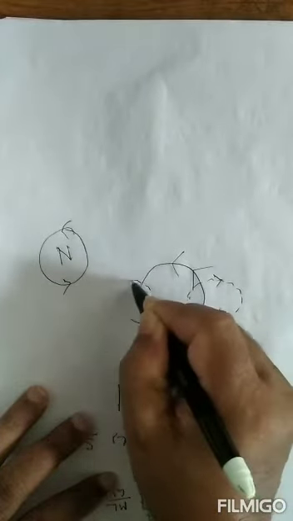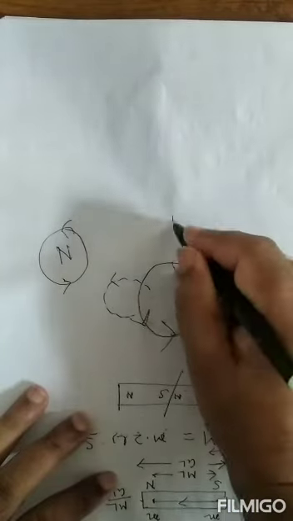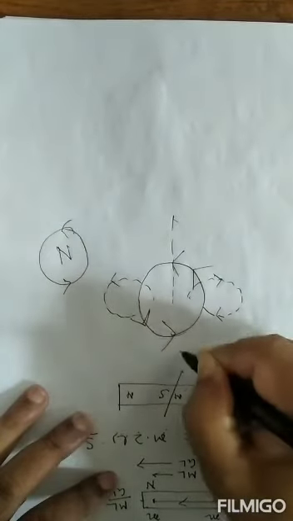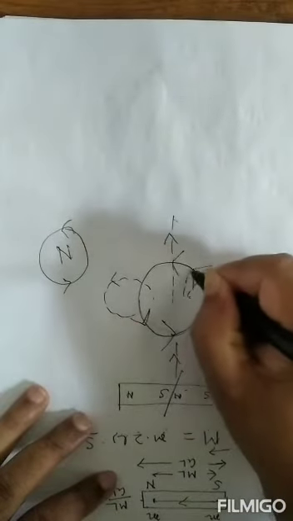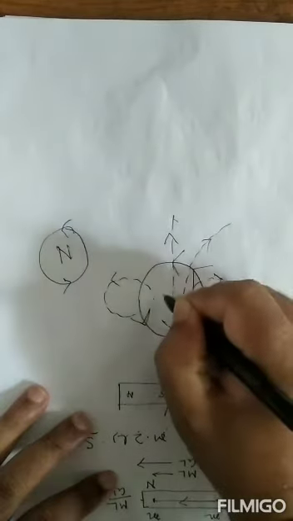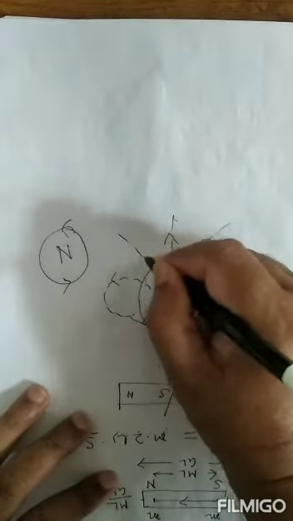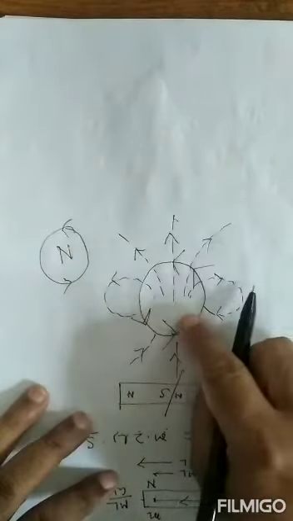That means magnetic field line starts from here. At the center, this is the direction of magnetic field lines. Since magnetic field line starts from the top face of the coil, it acts as a magnetic north pole.